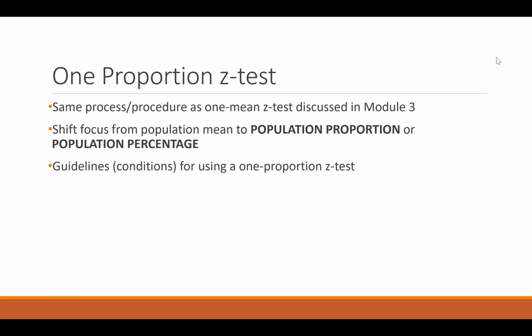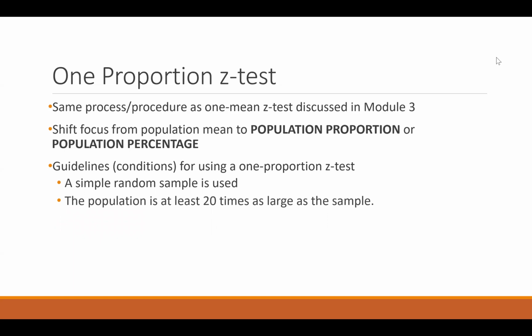Some of the guidelines or the conditions that we look for when using a 1 proportion z-test. As is the case with any hypothesis test, we want to have a simple random sample.